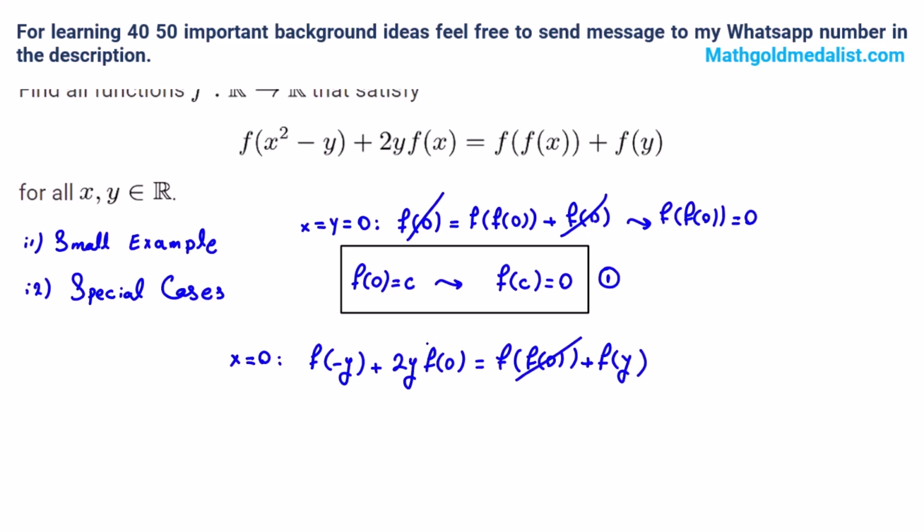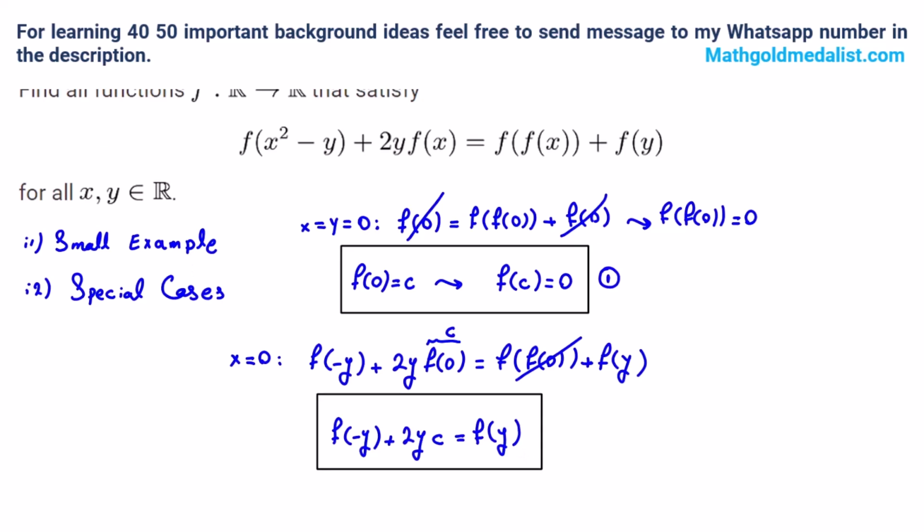So we can cancel this. F of 0 is c. Why can we cancel this? Because of this. So we can say f of -y plus 2yc is equal to f of y. Okay. Let's put a box around this second important result.